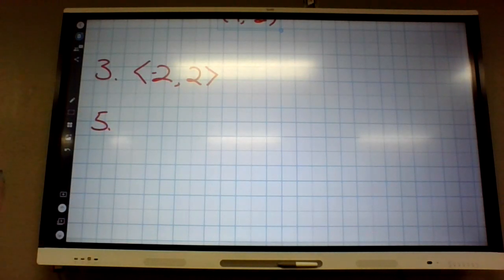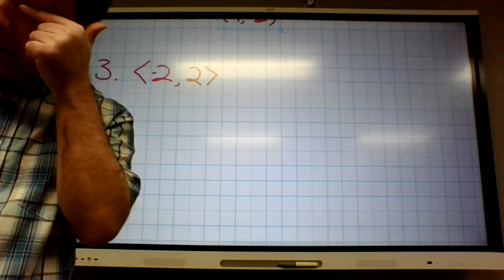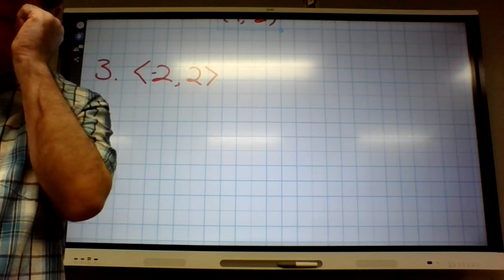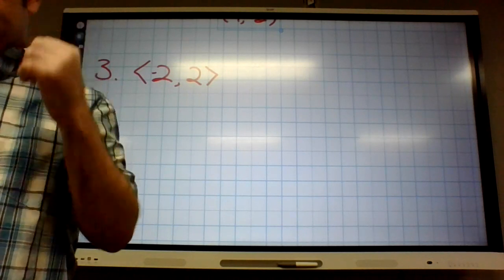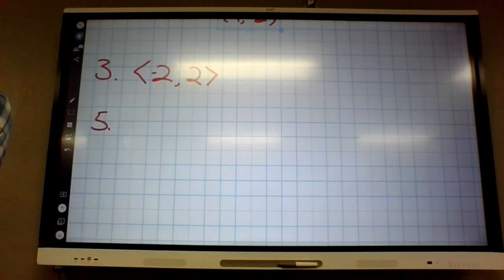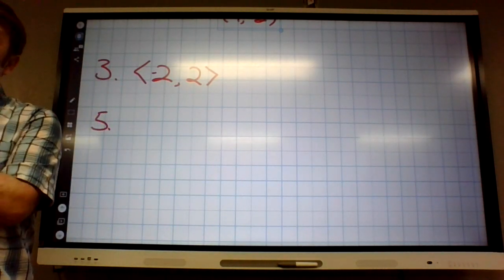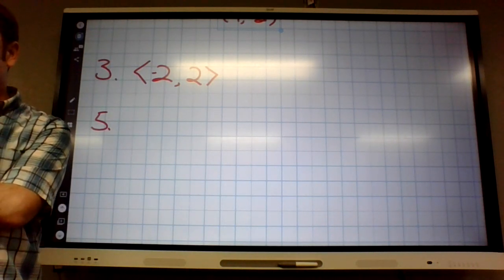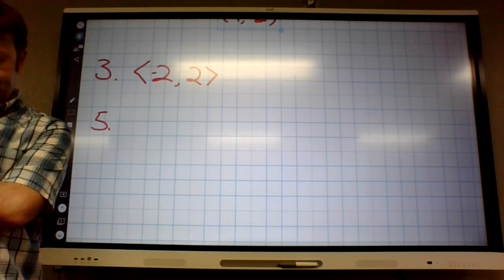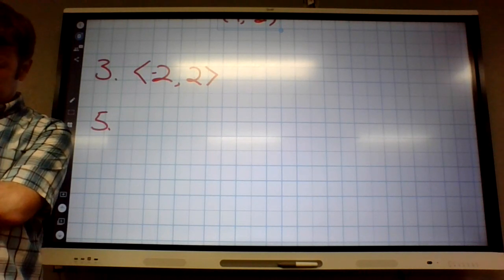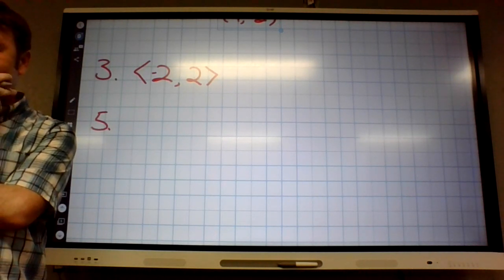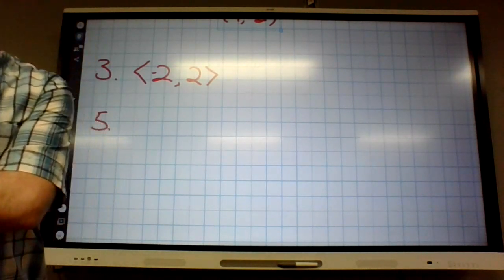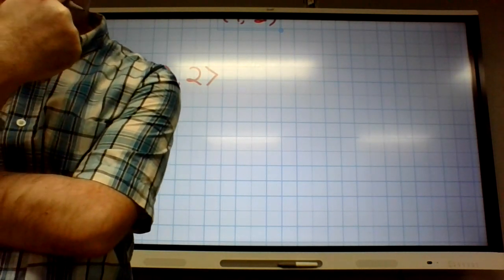Okay, number 5. We're starting with the x component, so how far is it moving left or right? On vector y, how far are we moving in the x component? Negative 3.